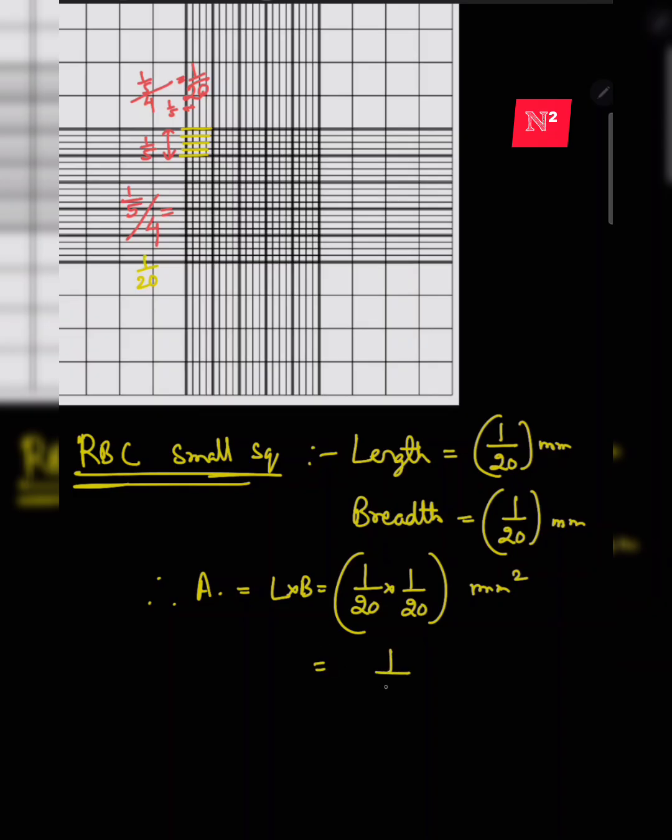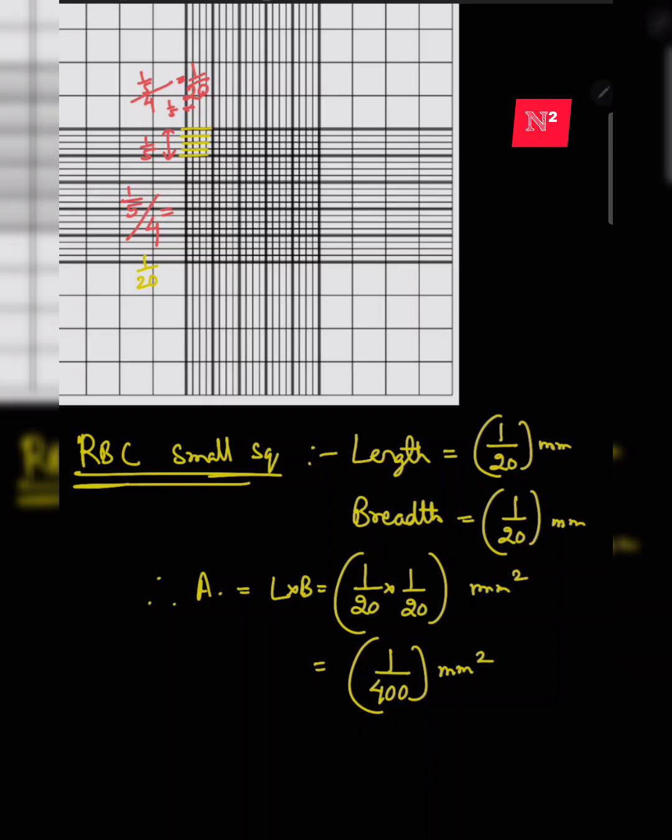So you should get the value as 1 by 400 millimeter square. Now what will be the value of all the RBCs? That's a humongous thing to count under a microscope.